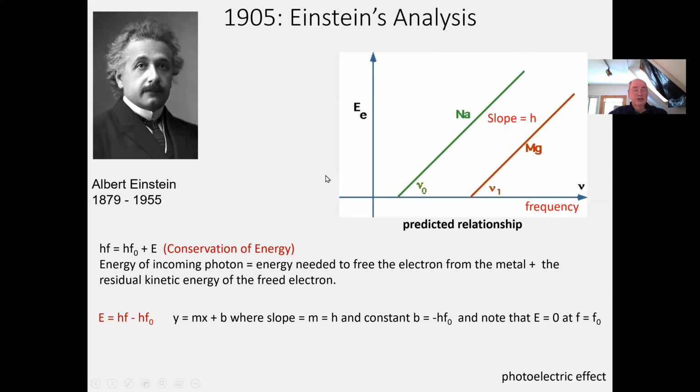Notice, by the way, if f is the threshold frequency, I'll get hf0 minus hf0. I will get no energy at all, which is what the graph says. That's all this is. This is just a simple 9th grade equation which describes what you think is such an outrageous prediction.